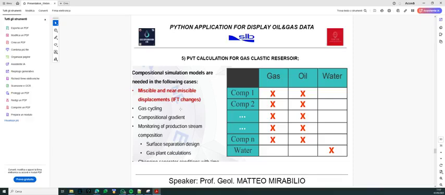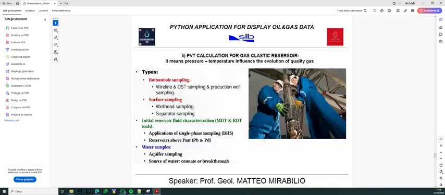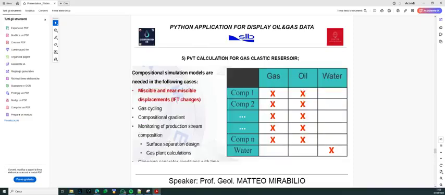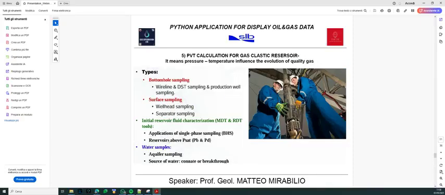Compositional simulation models are needed in the following cases: when we have gas oil, or when we have, for example, gas oil water. And to underline also the surface separation and the gas plant calculation. Types: bottom hole sampling, wireline sampling and production wells.